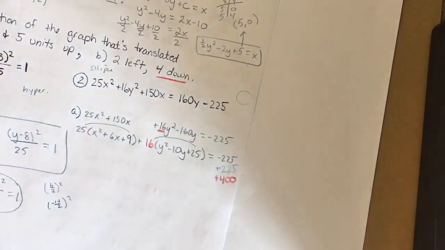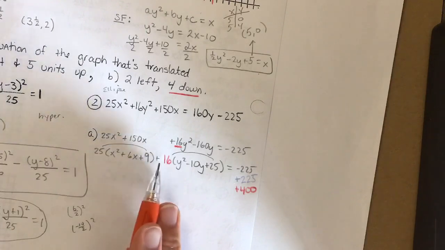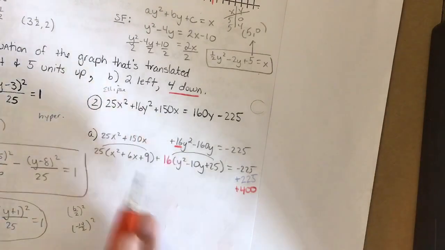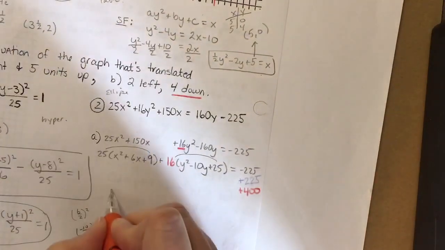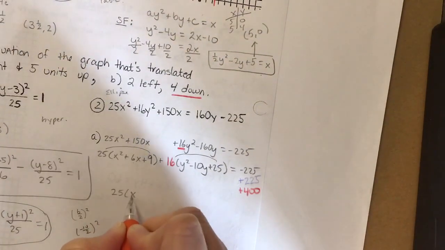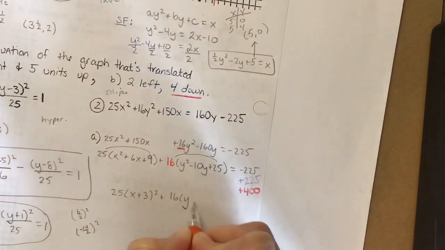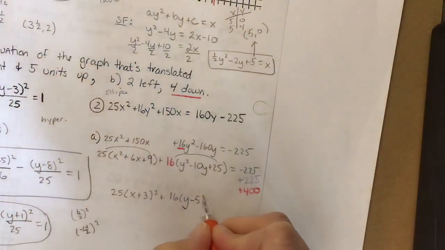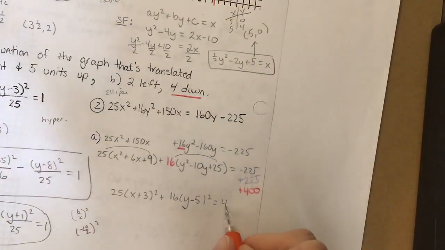So we had to add two amounts. Okay. Now watch, be careful. If this was a minus, you'd actually be subtracting that amount. So if this is a hyperbola, you got to be careful. You have to minus. All right. Now I get 25 quantity x plus 3 squared plus 16 times this quantity y minus 5 squared equals the 225s cancel, 400.